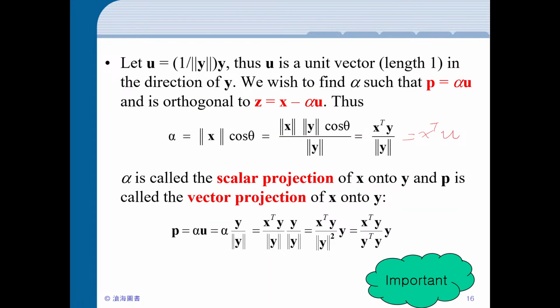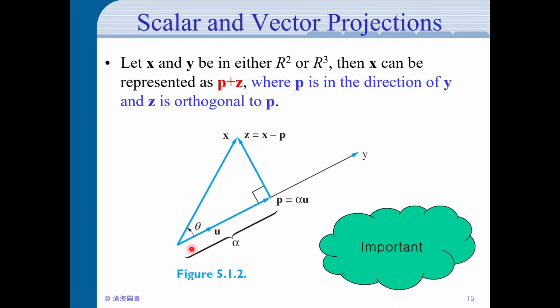With z being x minus alpha u, we have u^T z equal to 0, equal to u^T x minus alpha, because u is a unit vector, so u^T u equals 1. Then alpha equals u^T x, which is also x^T u. And then p equals alpha u.